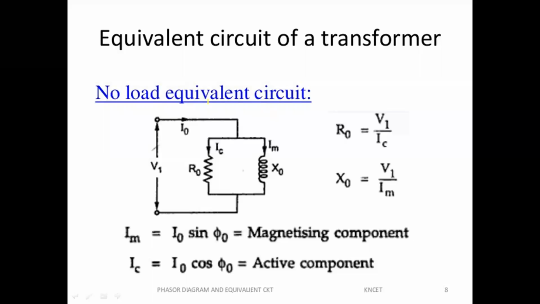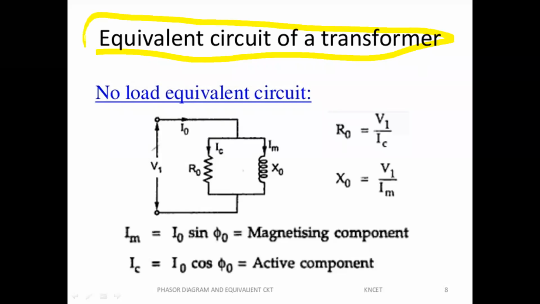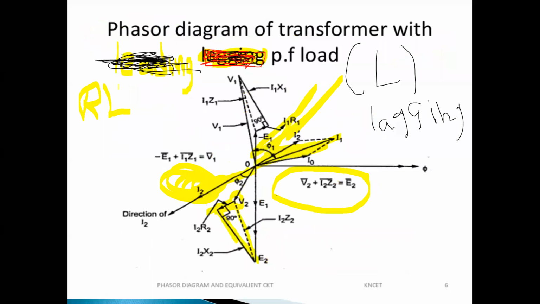Next, equivalent circuit of the transformer. First of all, suppose this is the coil. This coil is nothing but copper or aluminum winding.